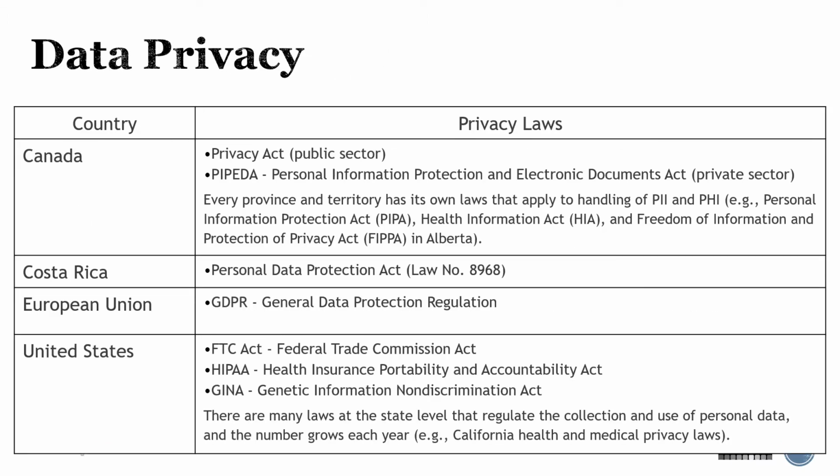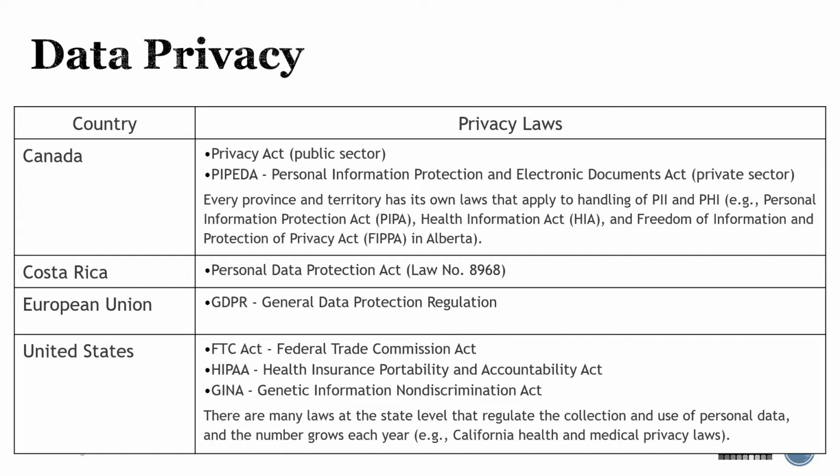So whenever dealing with privacy, we always need to consider the jurisdiction. In this case, I've given some examples. Of course, I'm situated here at University of Toronto in Ontario, Canada. And therefore, in Canada, we have the Privacy Act, which is a federal legislation. There's also the PIPEDA legislation, which is the Personal Information Protection and Electronic Documents Act, and this applies to all provinces.